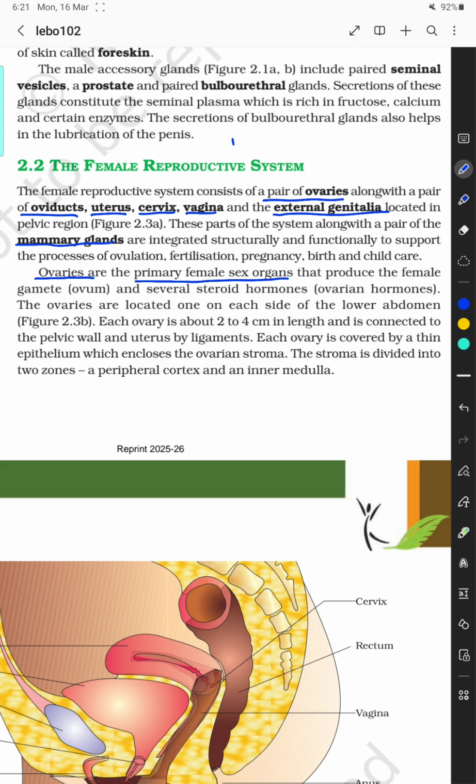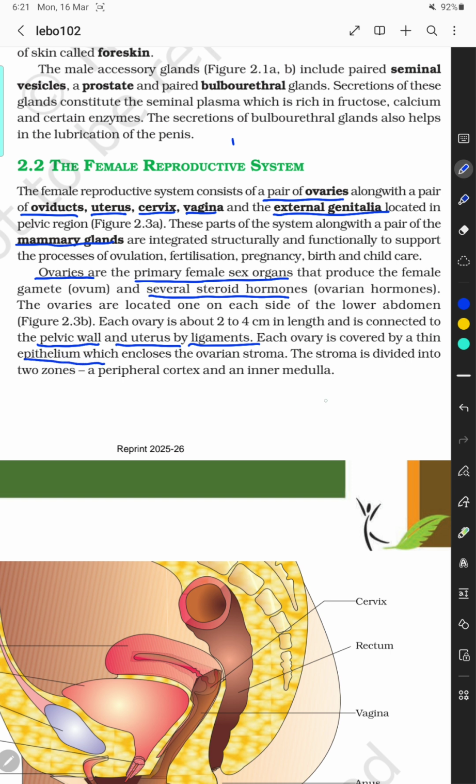Now, besides producing the ovum or egg or female gamete, the ovary also produces several steroidal hormones, which are called ovarian hormones. Each ovary is attached to both the pelvic wall and the uterus by ligaments, and each ovary is covered by epithelium.